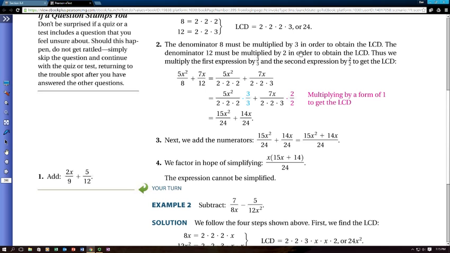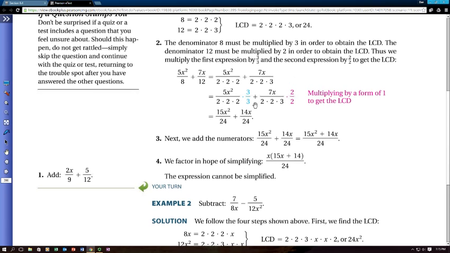The way they're explaining this and the way they're showing this works in all cases. It's easy to fall back to arithmetic, but we want to stay on this algebra side of the deal. What they're doing is picking out the missing prime factors that make up this LCD, 2 times 2 times 2 times 3.